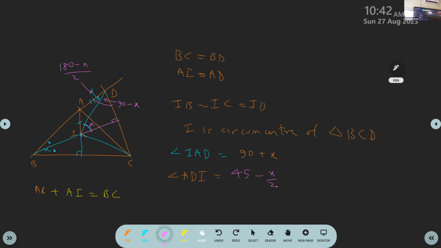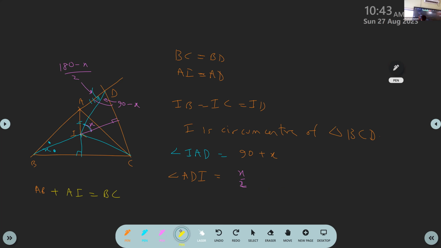But then why are we getting 45 and x by 2? No, I think it's only x by 2. There's no 45, the 90 can cancel. It's x by 2, and that's a much simpler way to reach that. We don't have to go through such a long cut.